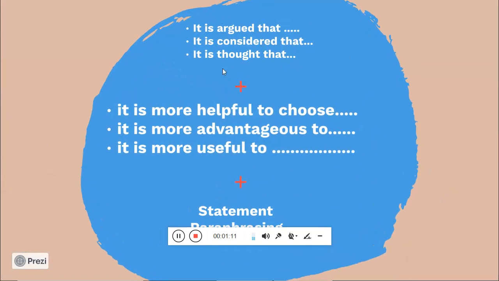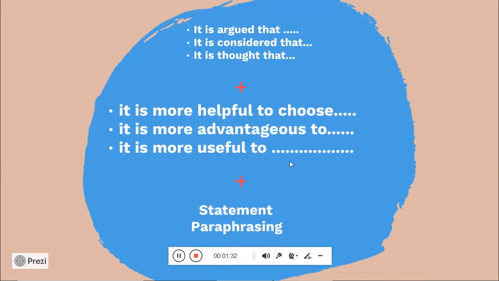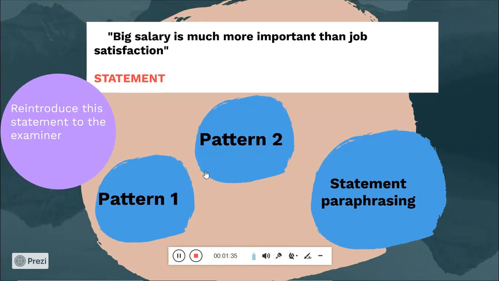It is argued that, then you choose one of these: it is more helpful to choose, it is more advantageous to choose, it is more useful to choose. Then the statement of the question, or the paraphrasing of the statement. Okay? This is button 2.